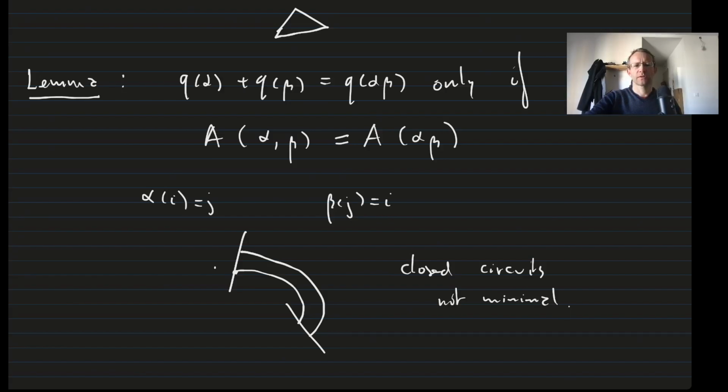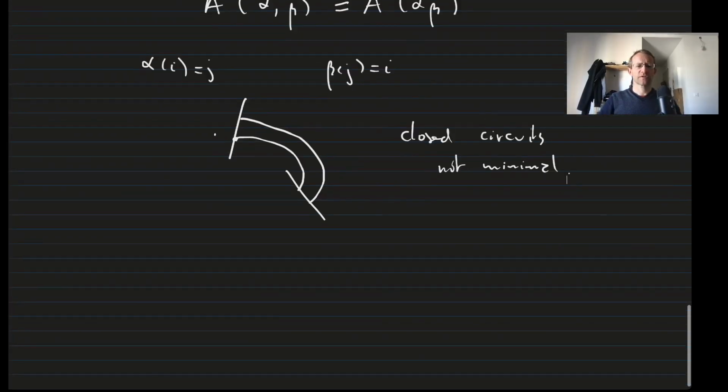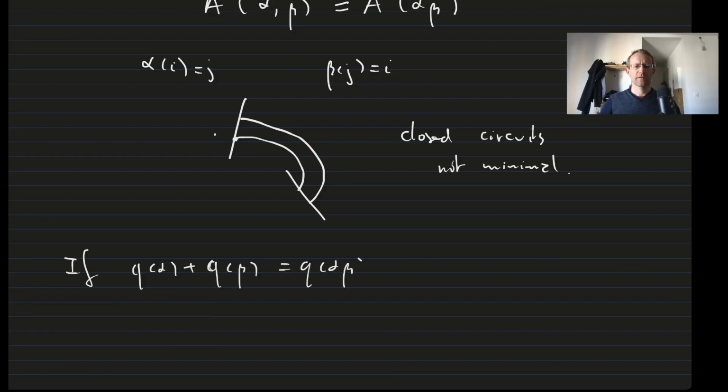But now we can conclude something about the structure constants. So if q of alpha plus q of beta is q of alpha beta, then the active colors in alpha beta are all of the active colors in alpha and beta.